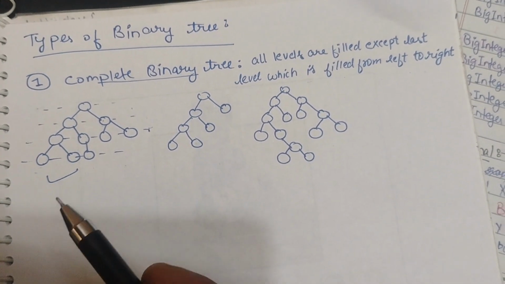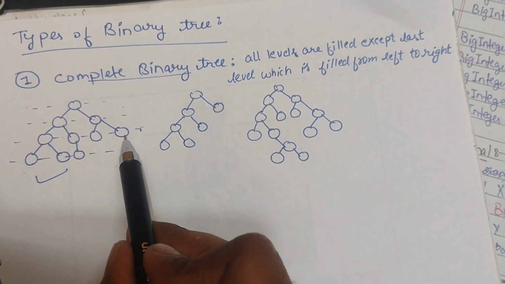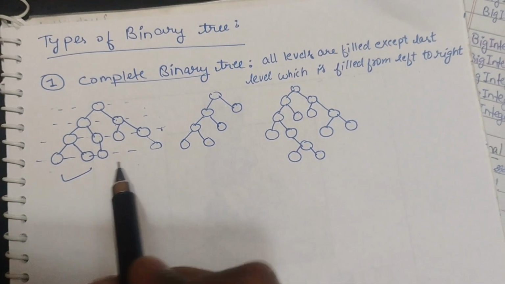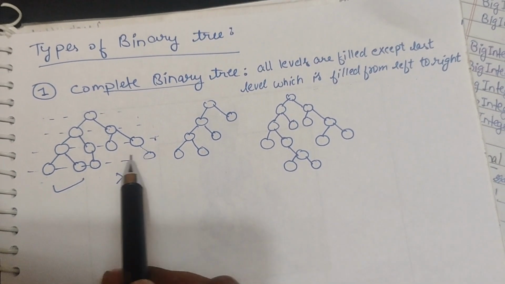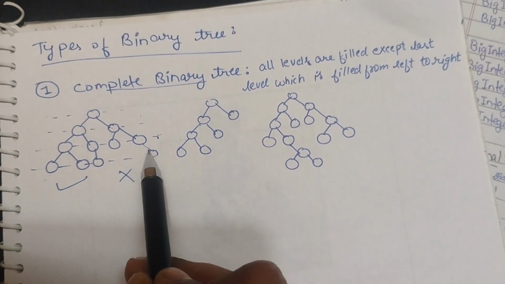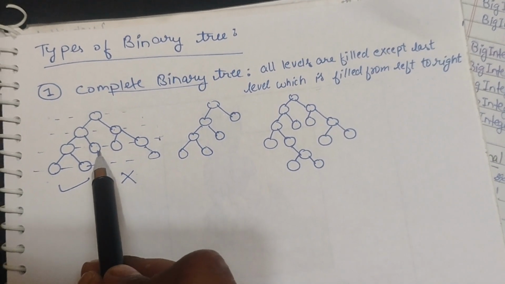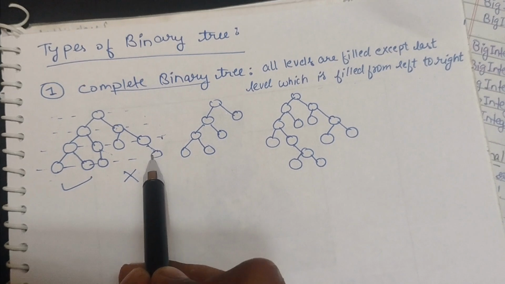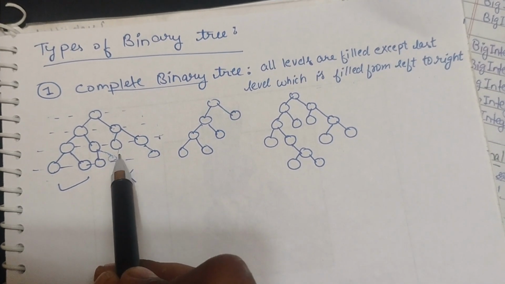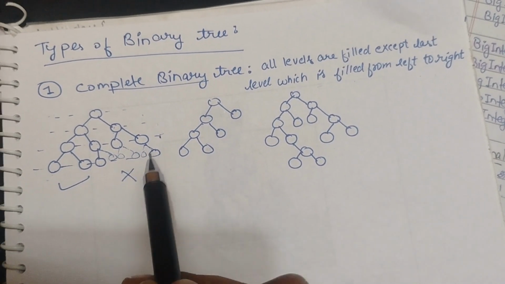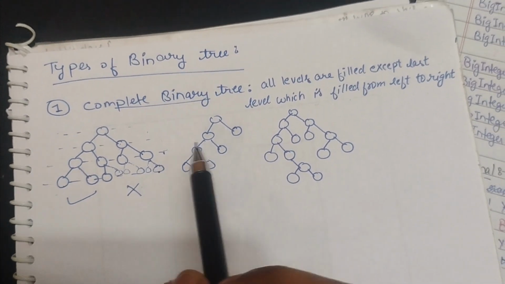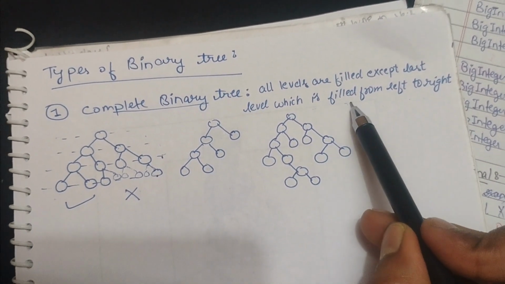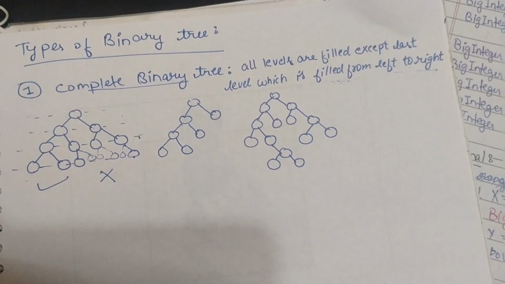If for example it had been like this, then no, in that case it would not be a complete binary tree, because to have this node, it should have the nodes before it like this. Then I can say that it is a complete binary tree, but it should follow this rule that the nodes should be filled from left to right.